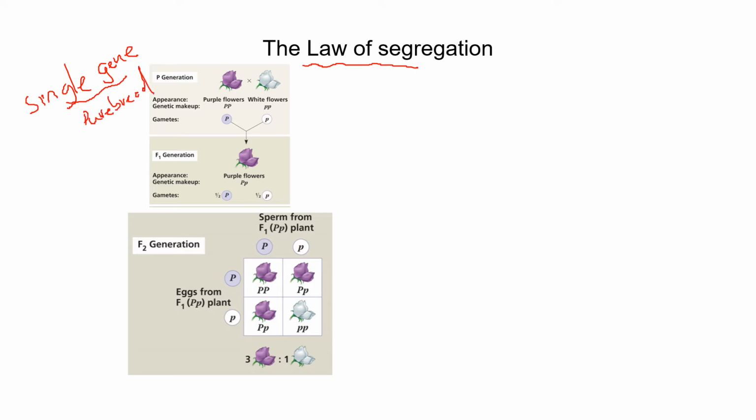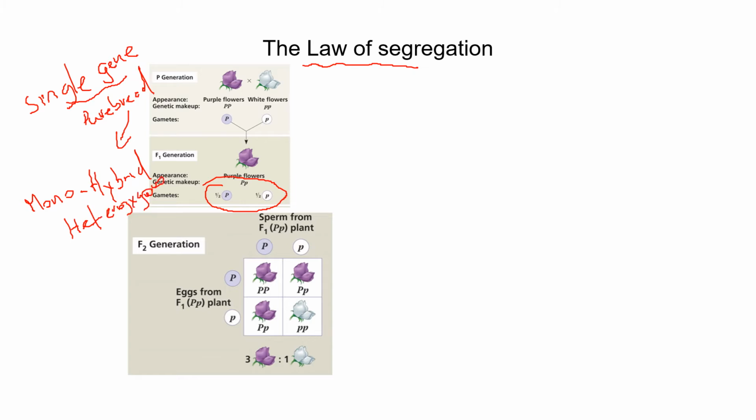here, in the next generation, you get a hybrid. And how do you call this hybrid? Monohybrid, because we're only working with one character, with a single gene. In this case, this monohybrid is, you see, heterozygous.